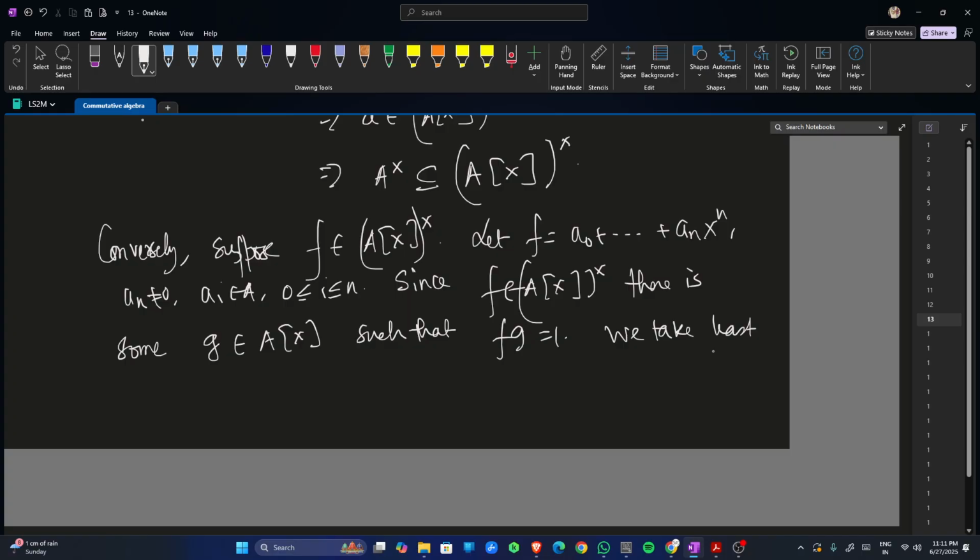This is unique, so we don't need to take least degree. So let g be b0 plus dot dot dot plus bm x^m, bm not equal to 0, bi belongs to A, 0 less or equal to i less or equal to m.